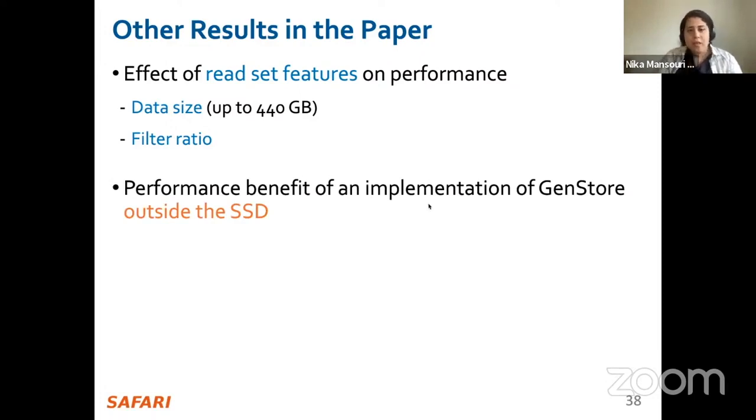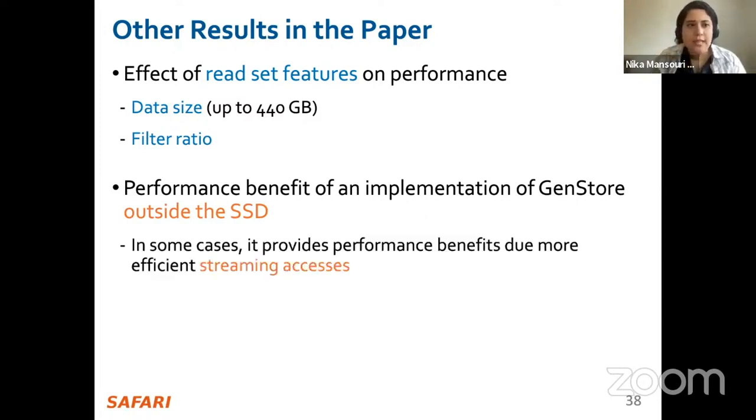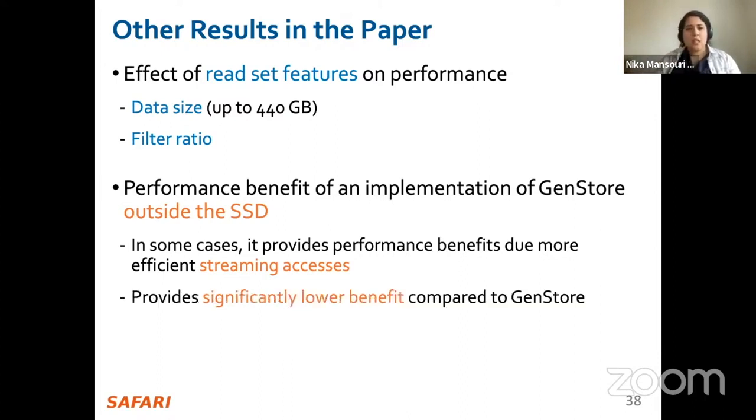Then we have performance benefits of an implementation of GenStore outside the SSD, because we have different optimizations, right? We wanted to see how would those perform if you have them outside the SSD. In some cases, it provides performance benefits due to more efficient streaming accesses as opposed to random accesses to the index.